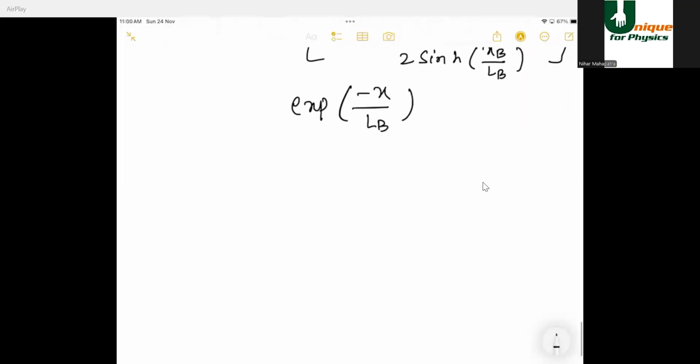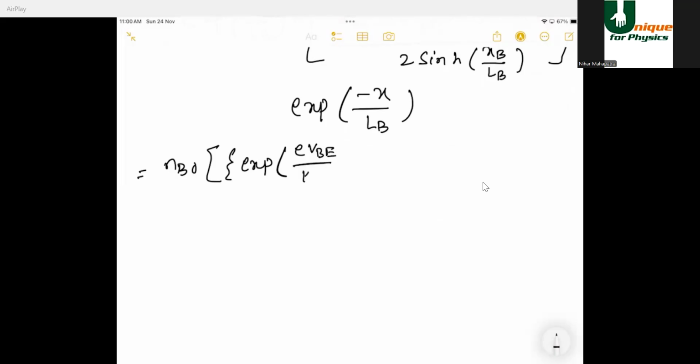We can write this as nb0. You have to be a little patient while doing this. It's very simple, but so many variables we are putting in brackets.